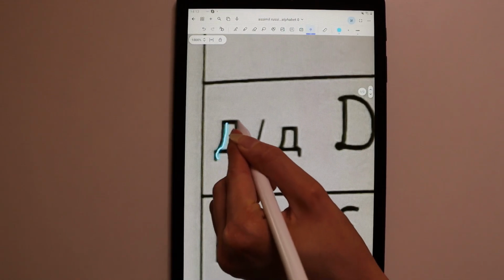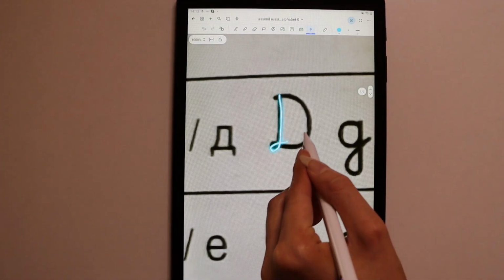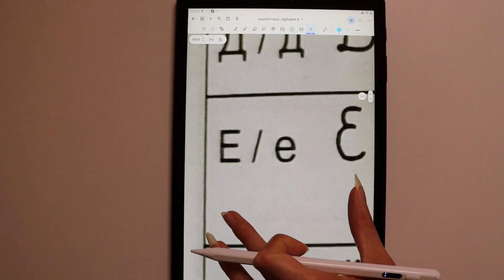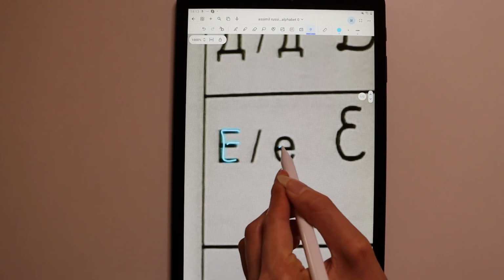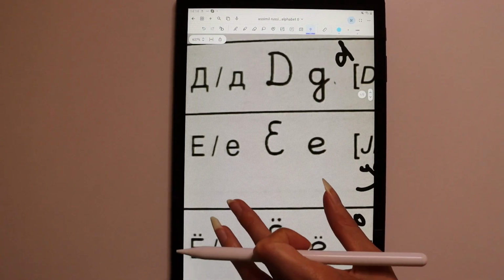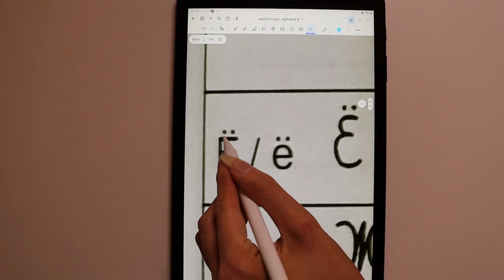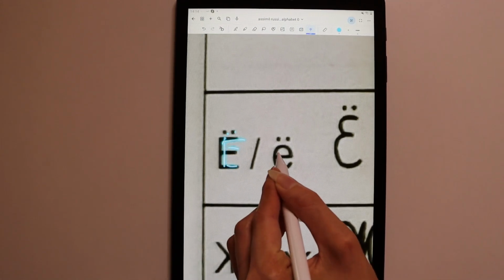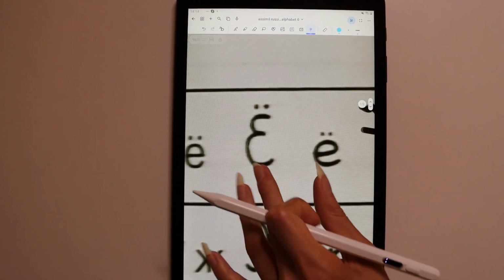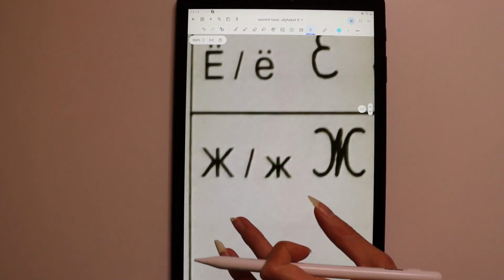D. A D. An E. The same letter but with 2 dots on top.